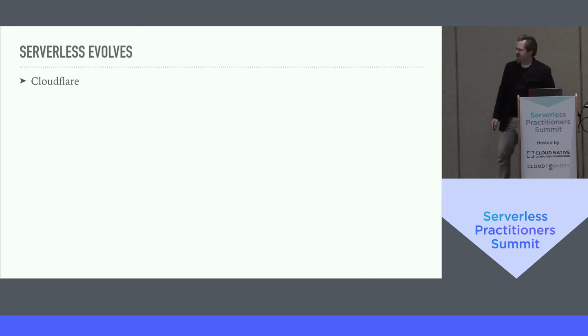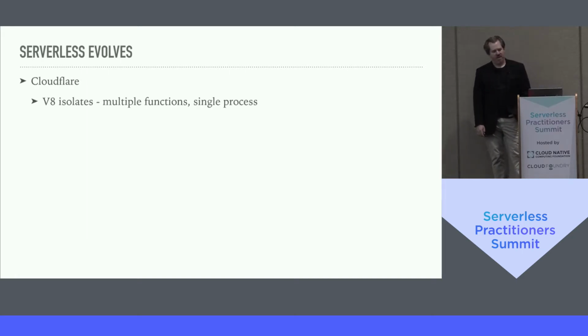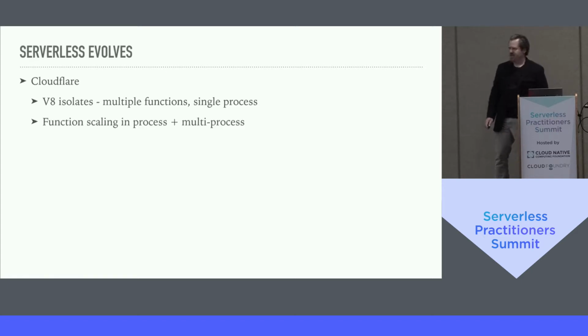So Cloudflare is kind of interesting, where they take V8 isolates and effectively run multiple functions inside of the same process. And this is kind of interesting because it adds yet another layer of scaling to the system, where we've talked about scaling not at the VM level, but container level for a long time. Now we're talking about scaling inside the process, inside a container on a VM.